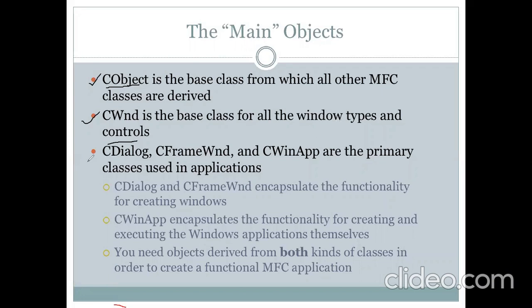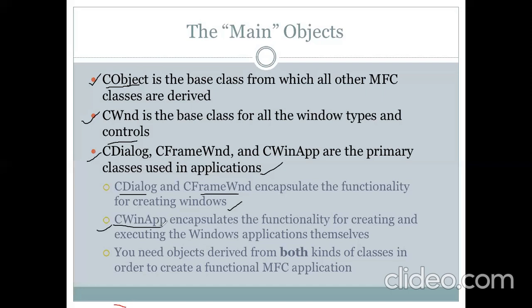Okay, then there are other classes like CDialog, CFrameWnd, and CWinApp, which are primary classes used in applications. Like CDialog and CFrameWnd encapsulate the functionality of creating a window. So what will these two classes be doing? They are basically encapsulated to improve the functionality for creating a window.